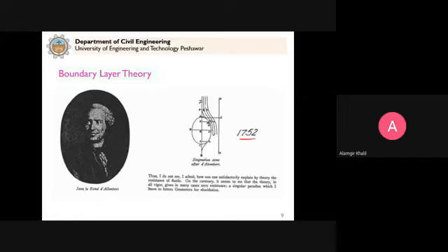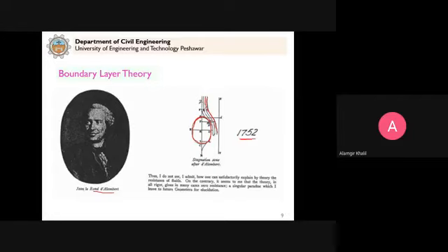So at that time, D'Alembert applied the theory, and this is how the streamlines are shown here. This is an elliptical body, and these are the streamlines flowing past this body.